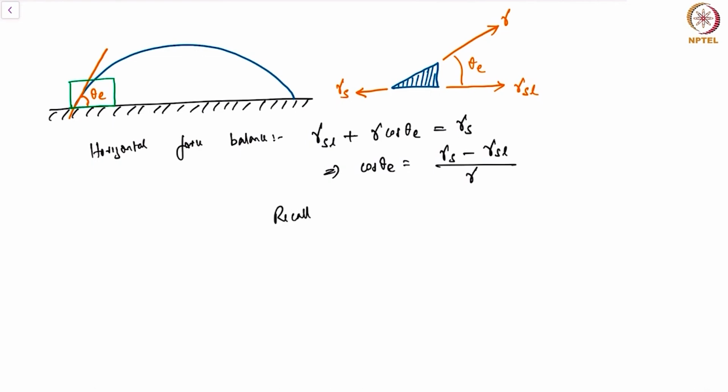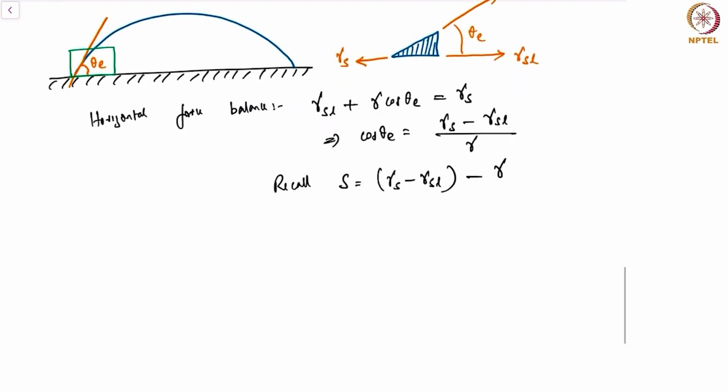If you recall, the spreading parameter was defined as gamma S minus gamma plus gamma SL. I'll write S in a slightly different way. S is nothing but gamma S minus gamma SL, the difference in surface energies of the solid and the solid liquid interface, minus the surface tension of the liquid, that's gamma, right? So therefore gamma S minus gamma SL is S plus gamma.